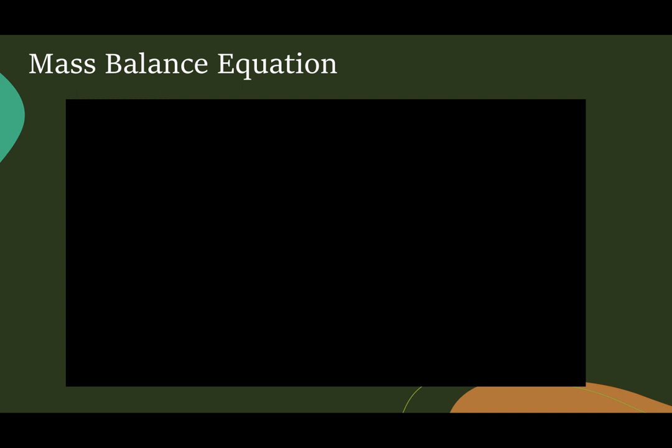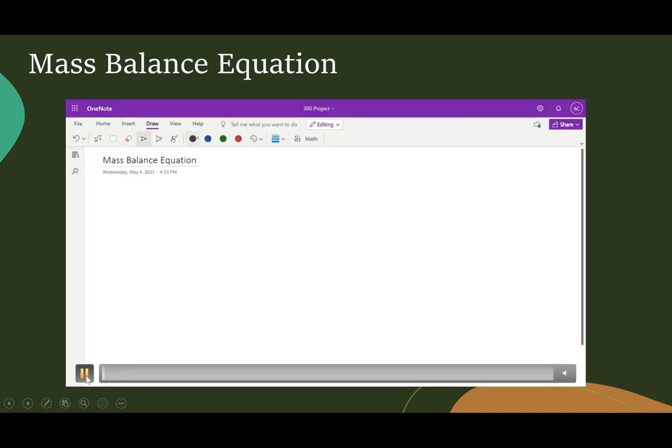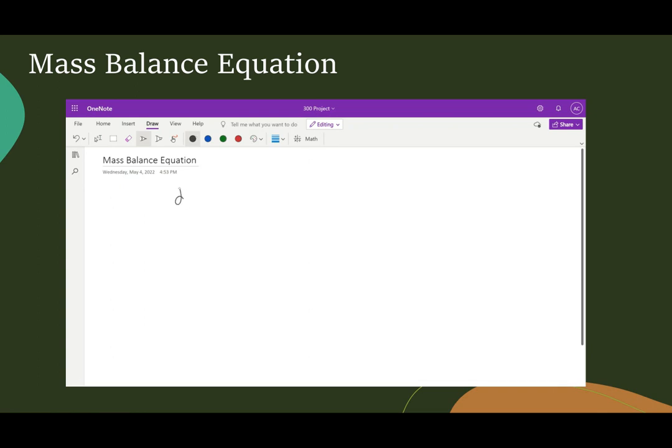Now that we know a little more about each of our variables we will be using throughout our study of BOD, we will get into our mass balance equation. So starting off with our BOD equation, we have that the rate of change of BOD is equal to our negative K rate multiplied by BOD multiplied by oxygen.